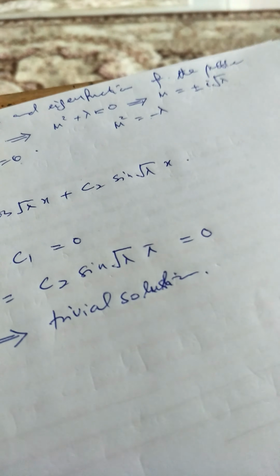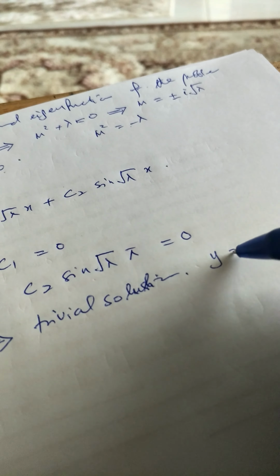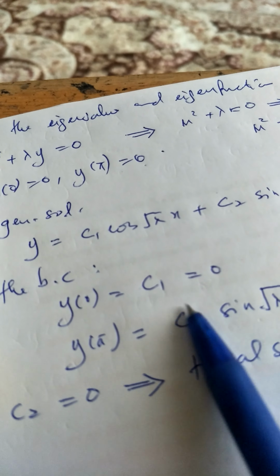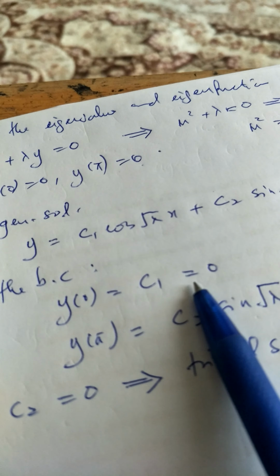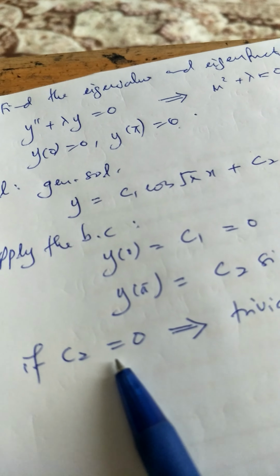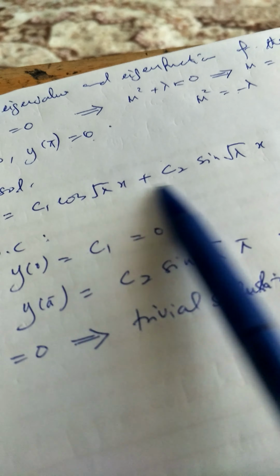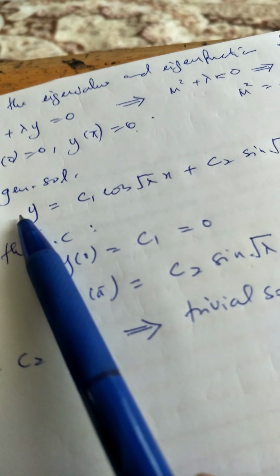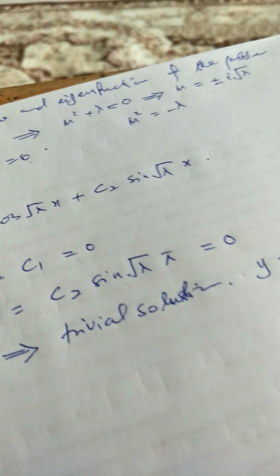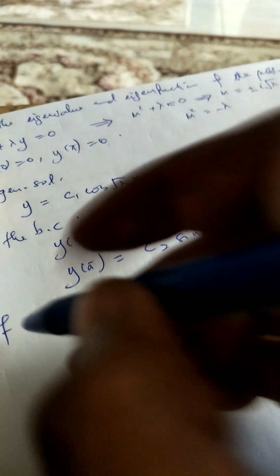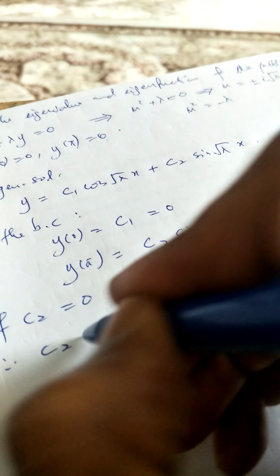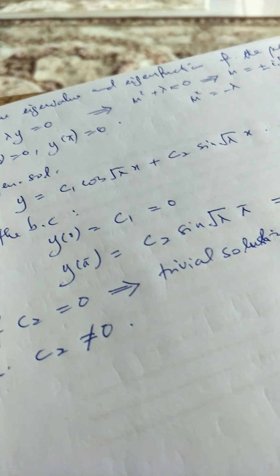Okay, what is a trivial solution? A trivial solution is y equal to 0. Since c1 is already 0, if we choose c2 also 0, you plug into the general solution and you get 0, so y is equal to 0. This is what we call the trivial solution. So therefore c2 cannot be 0.